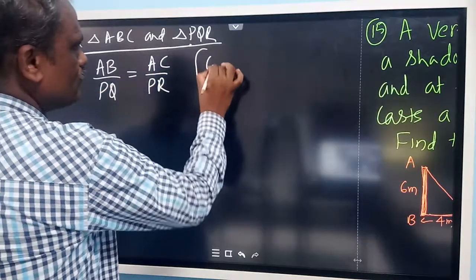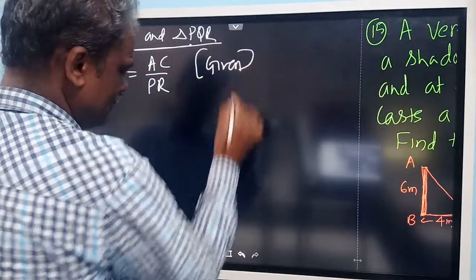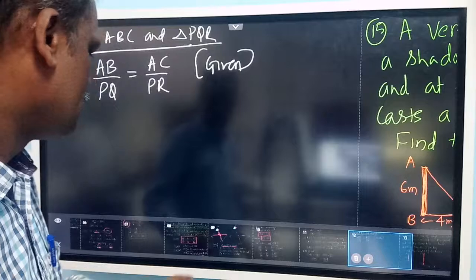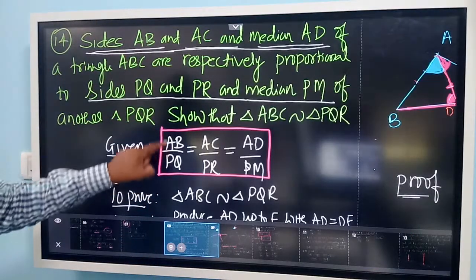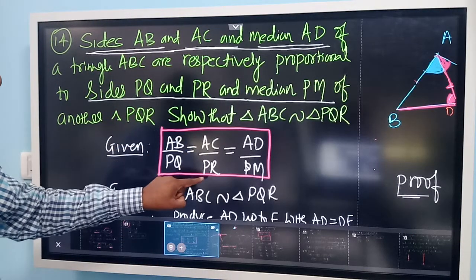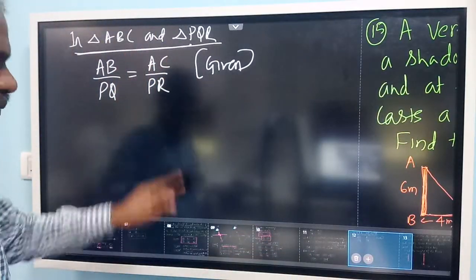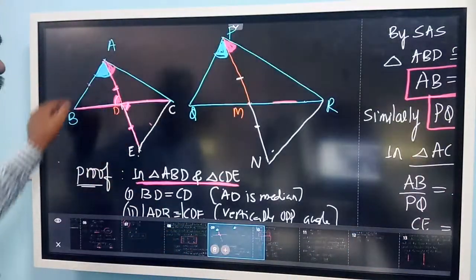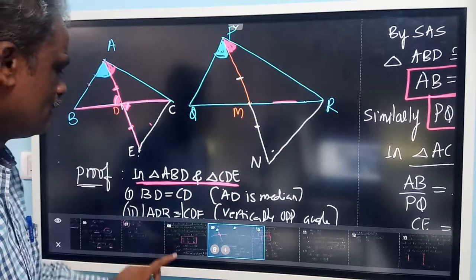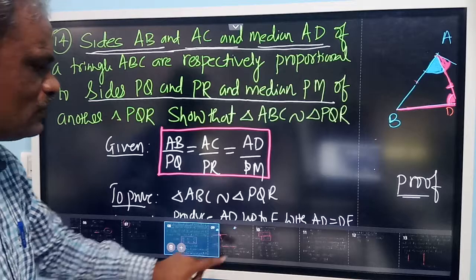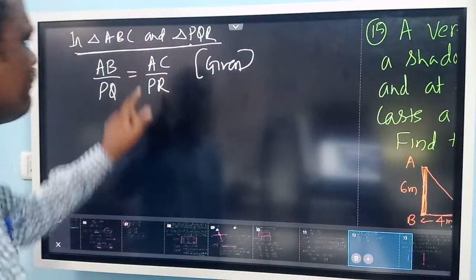You can see that in the data. Look at this, this is the question. We have AB by PQ is equal to AC by PR. That is what I have written here. Look at the diagram here, AB by PQ, AC by PR. So the data we have taken is AB by PQ is equal to AC by PR.